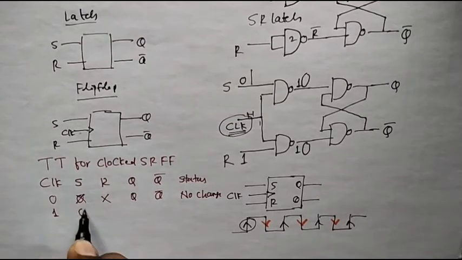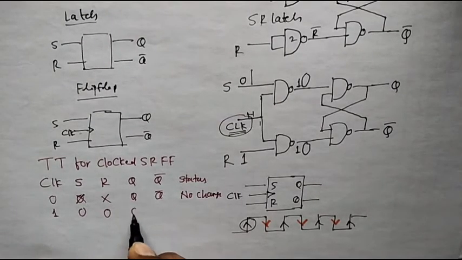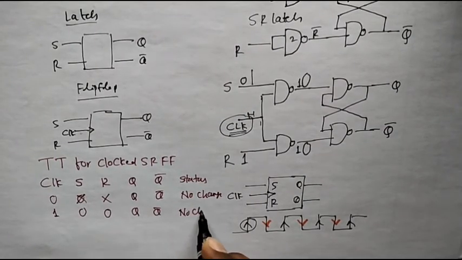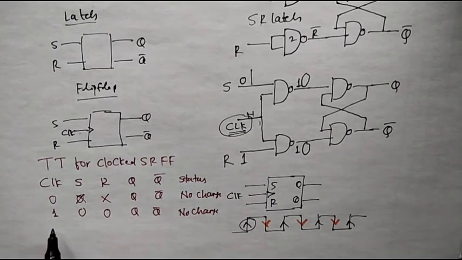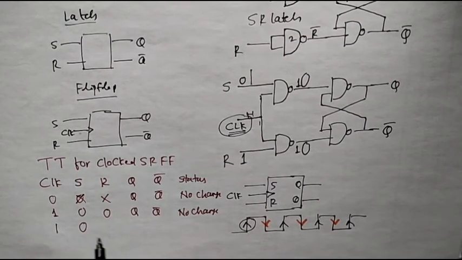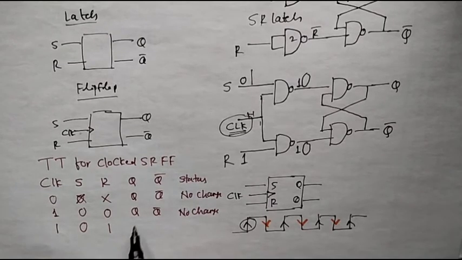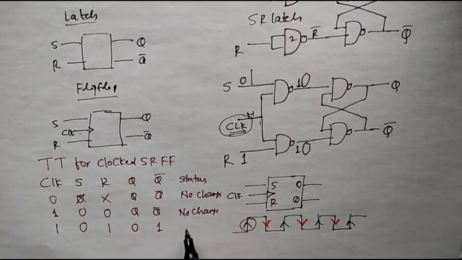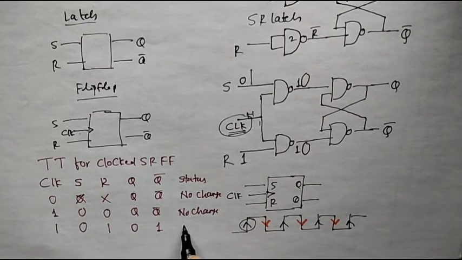when S input is 0, R input is 0, the Q and Q bar outputs are the same, that is no change. When clock input is high, when S is 0, R is 1, the Q output is 0 and Q bar output is 1. The status of the clocked SR flip-flop is reset.